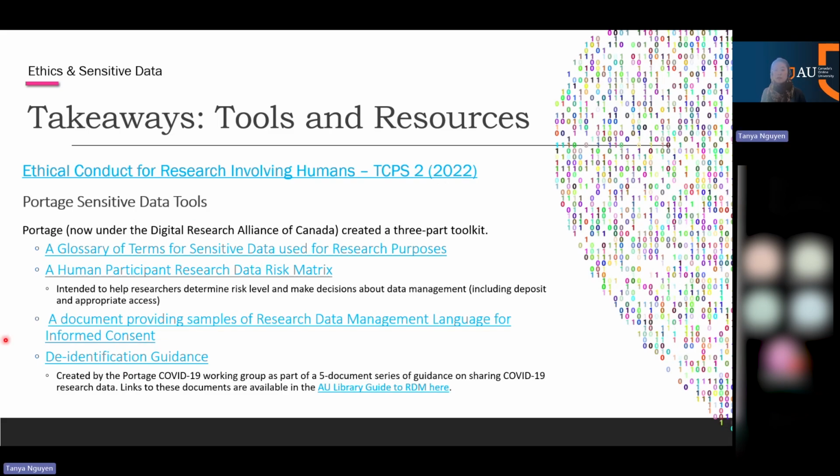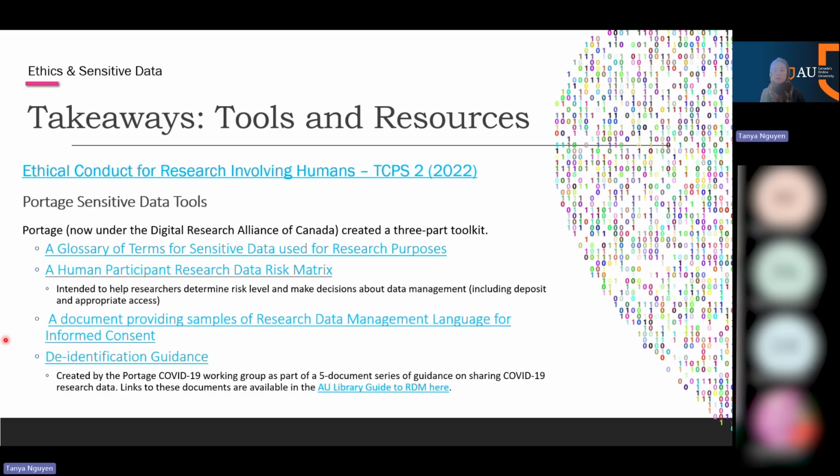So things like what conditions you can make the data available to other researchers under. You can put that information.